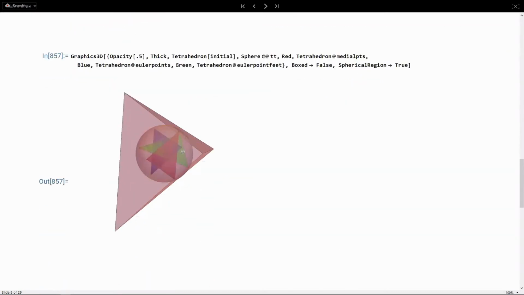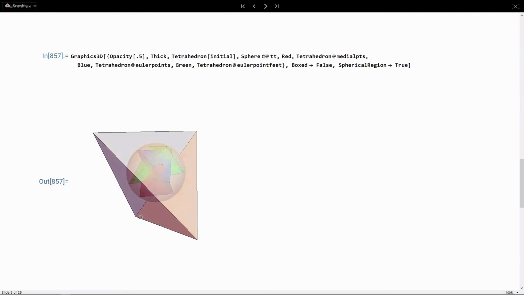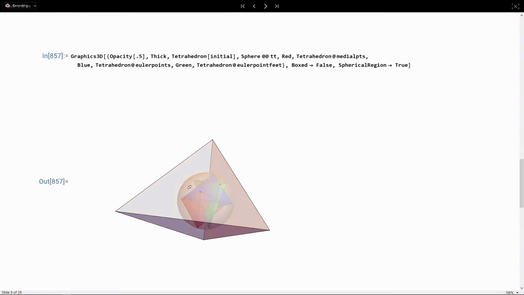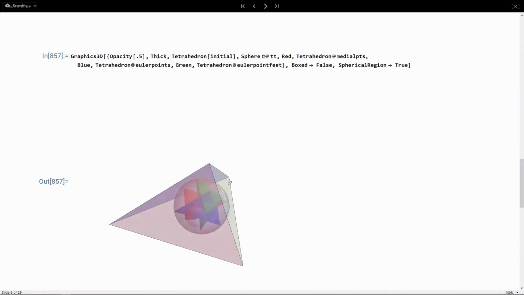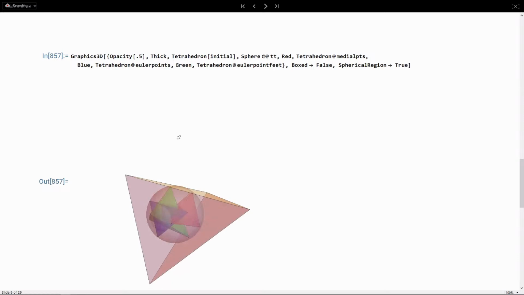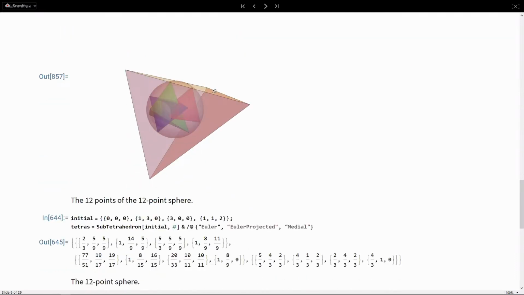And here it's showing in a different way as 3 tetrahedra, all having the same circumsphere. This sphere is not tangent to the 4 exspheres.